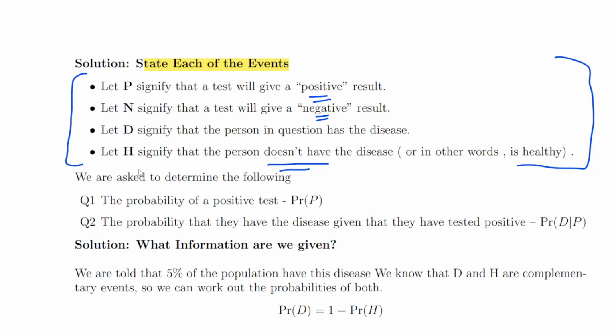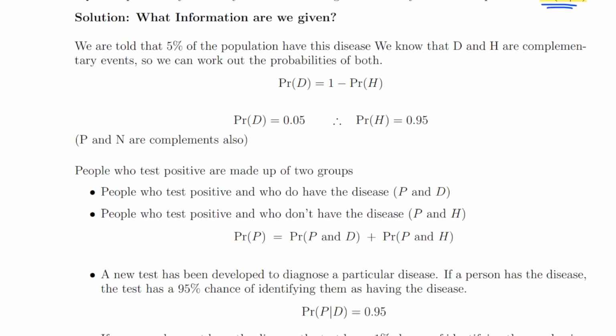Okay. So we're asked to determine the following: the probability of a positive test, the probability of P, and then the probability that they have the disease given that they have tested positive, the probability of D given P. So just a mathematical expression of what we're actually asked to do. Now, I've talked a bit about this before.